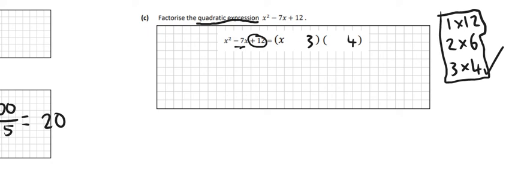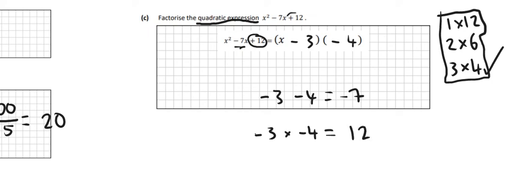Because it's a minus 7, they're going to have to both be negative, because minus 3 take away 4 gives me minus 7, which I want, which is in the middle. And then if I multiply them, minus 3 multiplied by minus 4, my minus times a minus is a plus, so it's positive 12, and that's what I want as well.